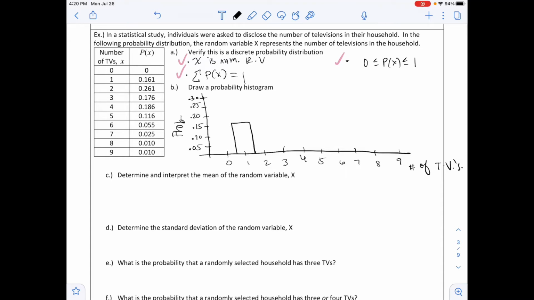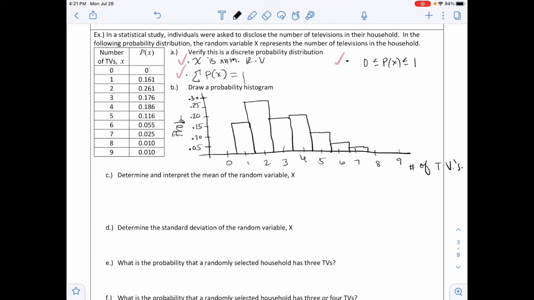So do the best you can. For number 2, for 2 TVs, the probability of this is 0.261. For 3 TVs, we have 0.17. 4 TVs, we have 0.186. 5 TVs, we have 0.11. 6 TVs is 0.055. 7 TVs we have is 0.025.